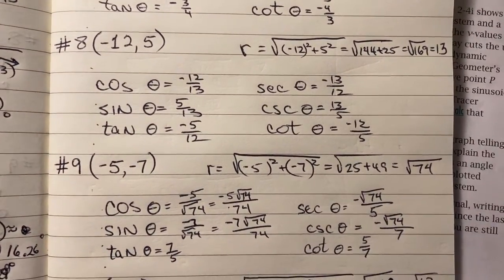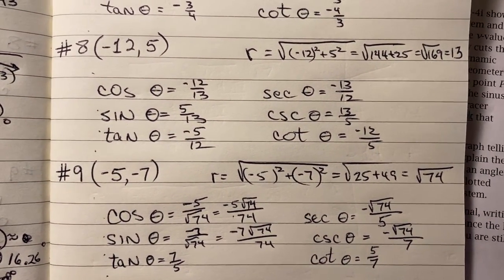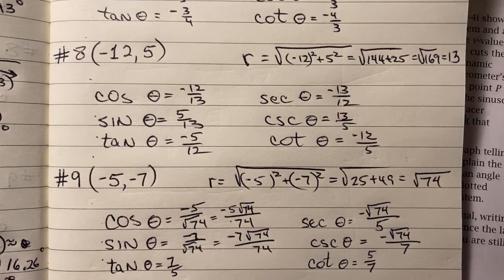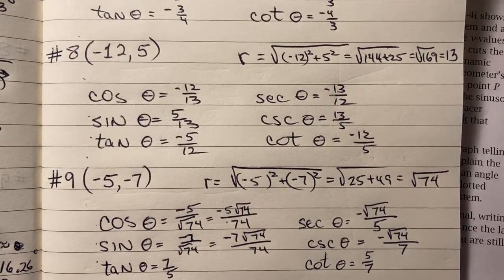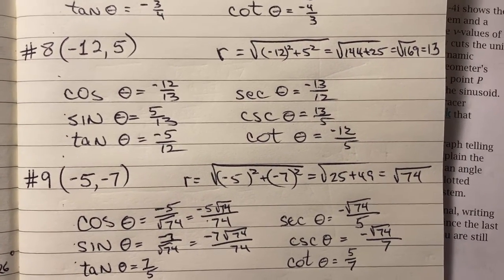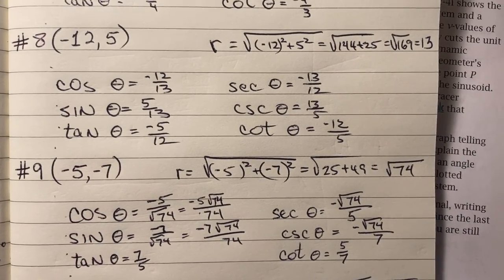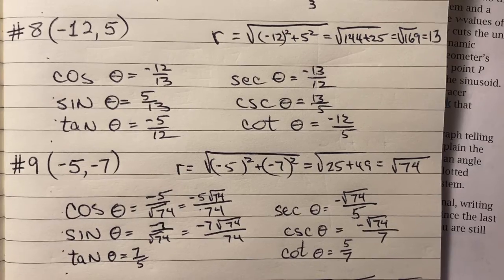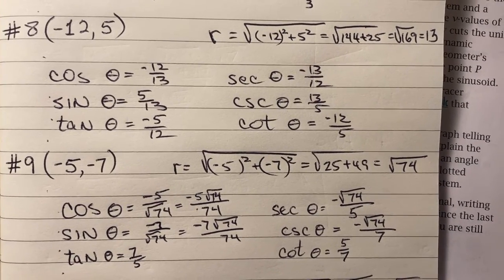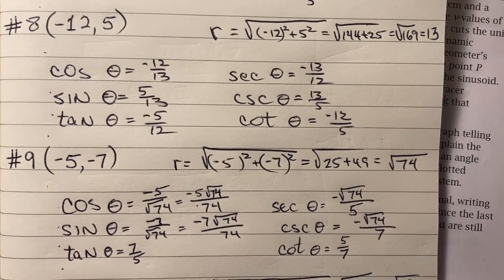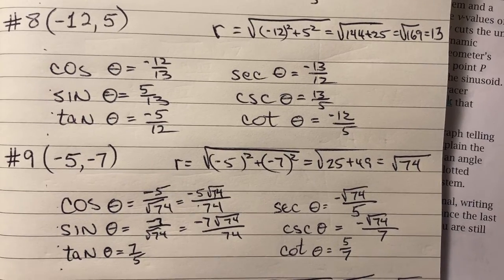Going to number 9. What do we got here? Negative 5 comma negative 7. That means we're going to say that the radius is the square root of negative 5 squared plus negative 7 squared. That's not a Pythagorean triple. We wind up with square root of 74, and we can't simplify that at all.